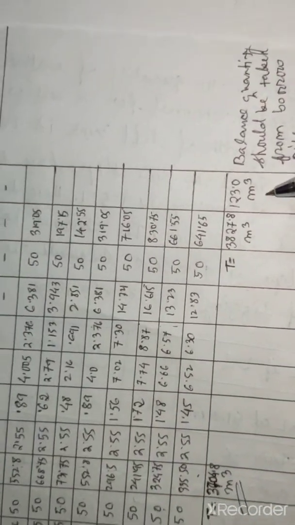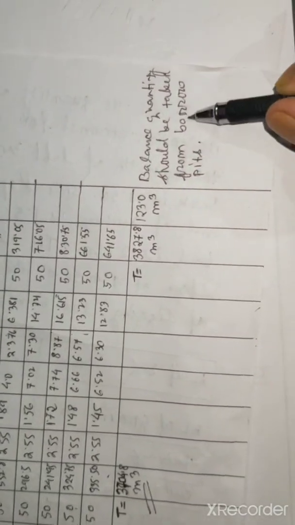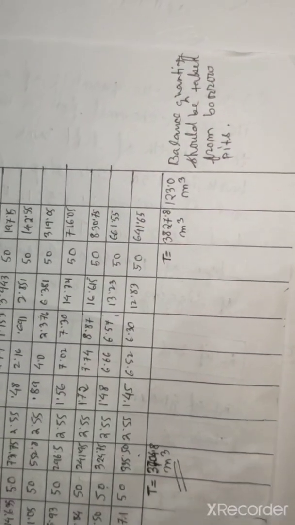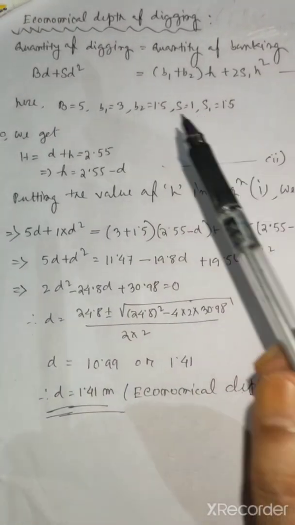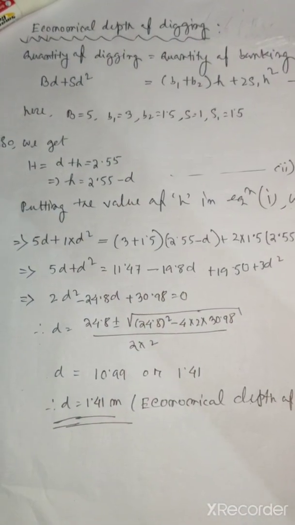So this 123 cubic meter will be taken from the borrow pits.